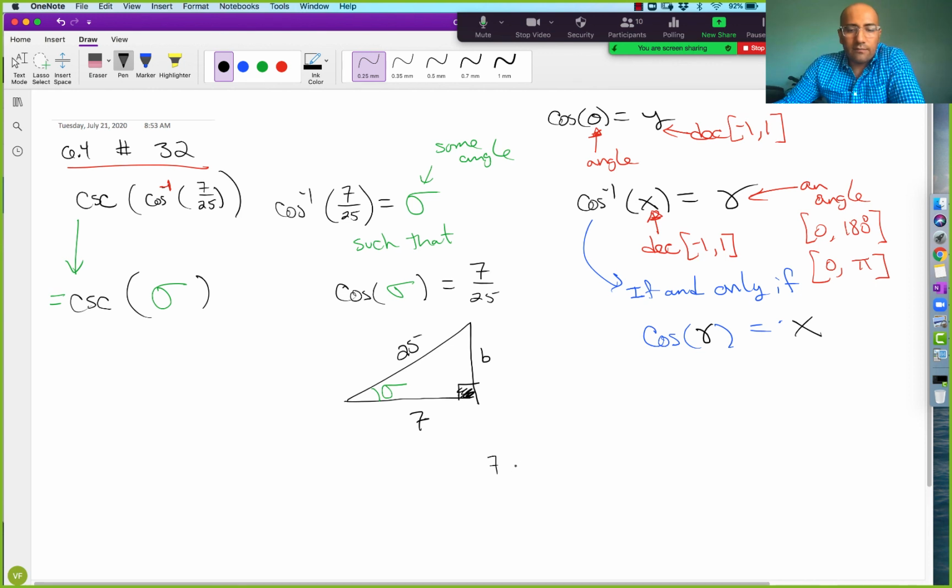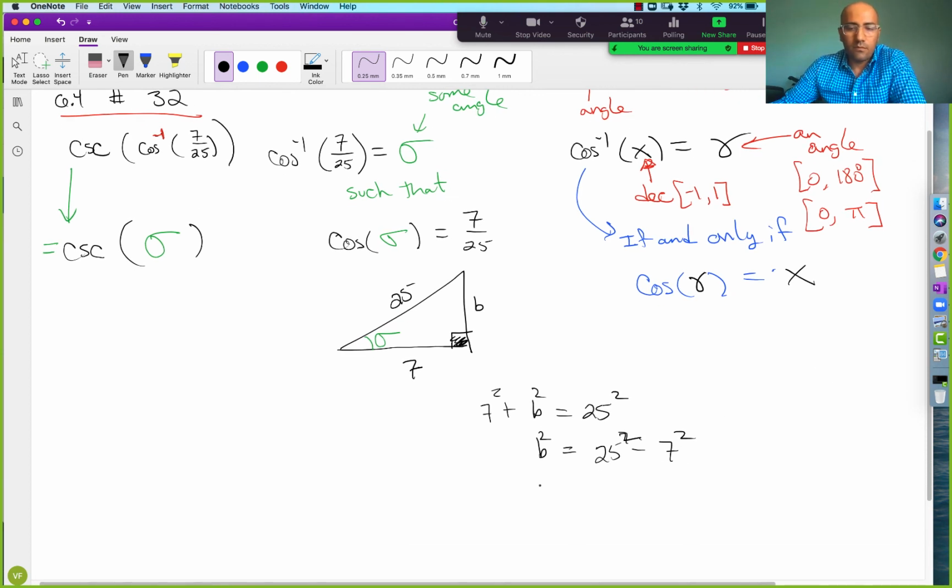So 7 squared plus b squared must be equal to 25 squared. So b squared is equal to 25 squared minus 7 squared, so that's 625 minus 49, which gets you to 576. And then we want the square root of that.